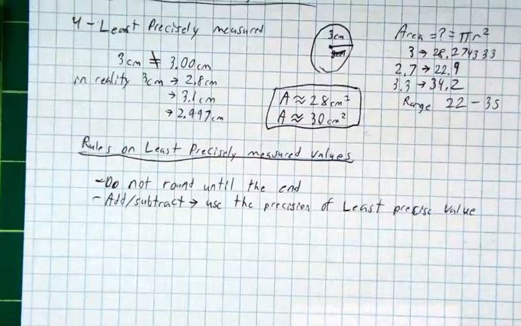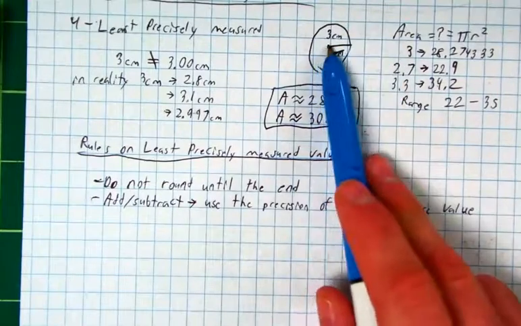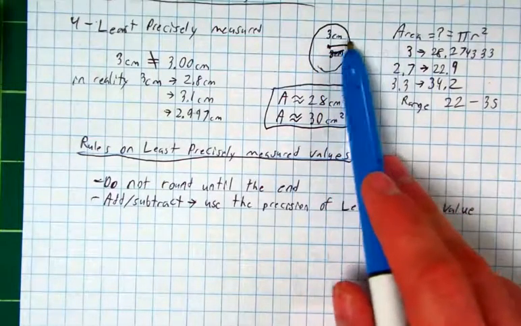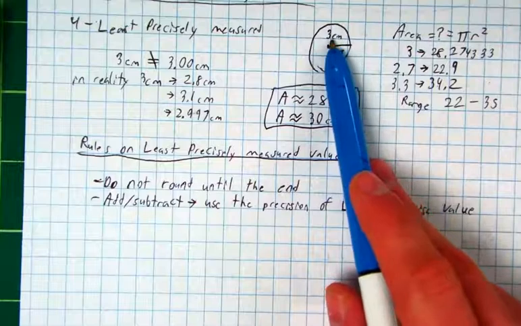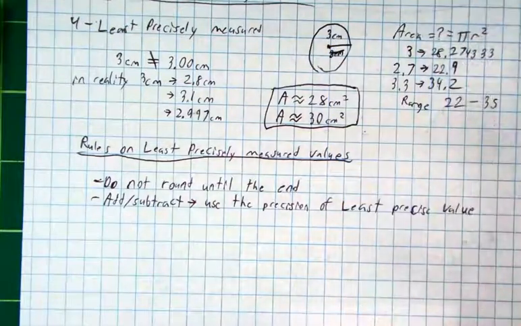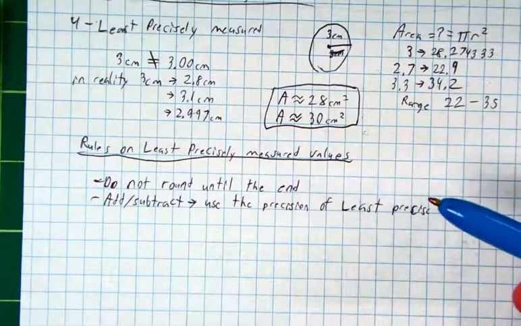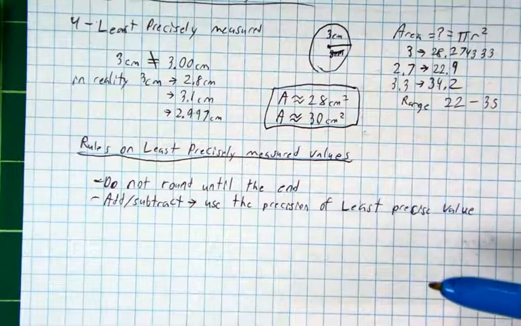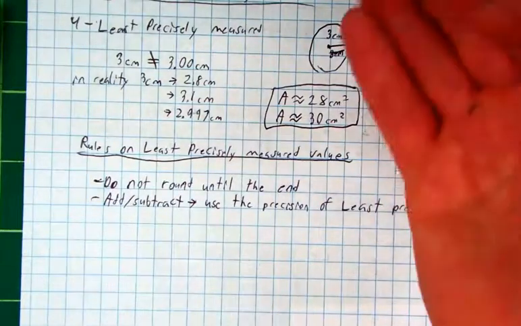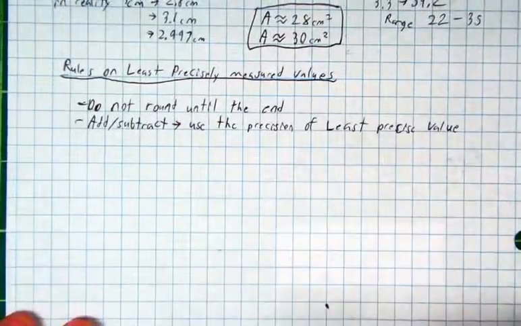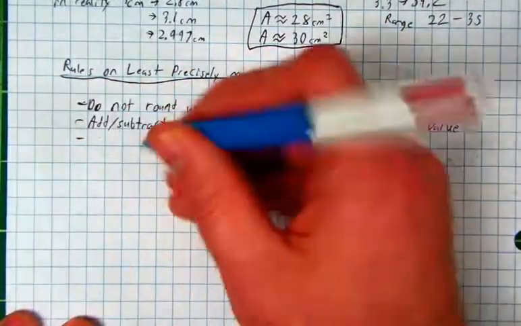So, for example, we didn't add or subtract in this, we multiplied in this, but we only had one value we were given, 3. What's the precision of that number? Well, it's a whole number, right? Exactly. It's one digit.